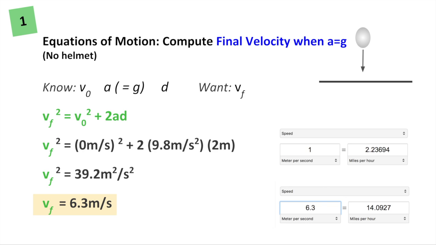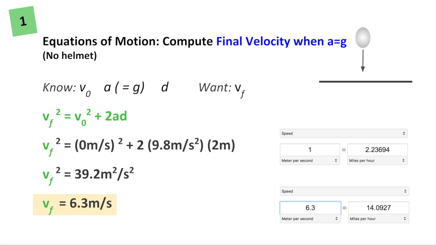So, when I plug in each of those values, final velocity squared equals 0 meters per second quantity squared plus 2 times 9.8 meters per second squared times 2 meters. This ends up being 0. When I multiply this out, I have 39.2, and notice the units, meters squared per second squared.